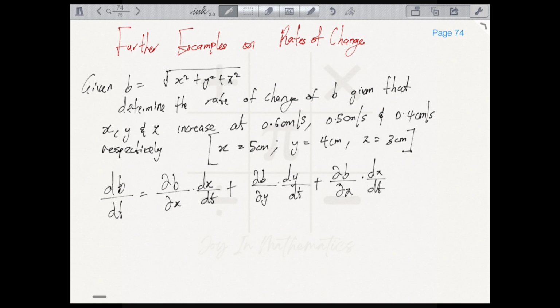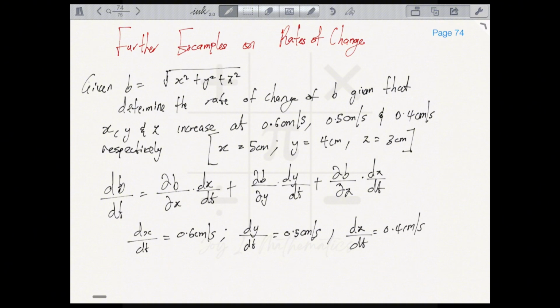Now we understand that if they are increasing at these particular rates, then dx/dt is 0.6 centimeter per second, dy/dt is 0.5 centimeter per second, and dz/dt is 0.4 centimeters per second.